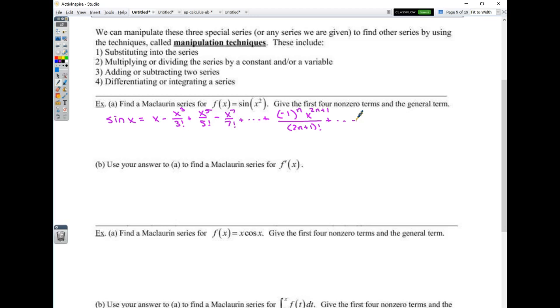Well, if I wanted to find f of x, which we're going to call the sine of x squared, what I can actually do is simply take all of the x's and turn them into x squareds.